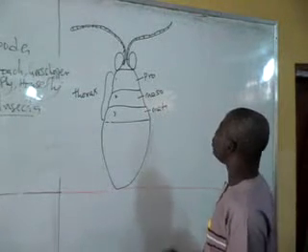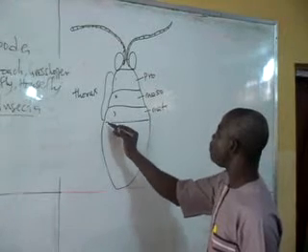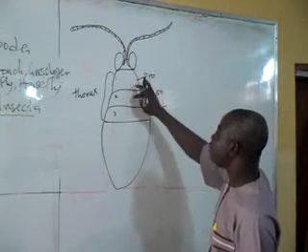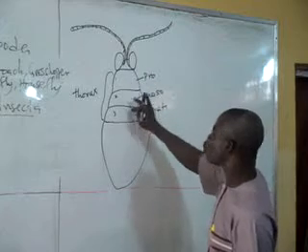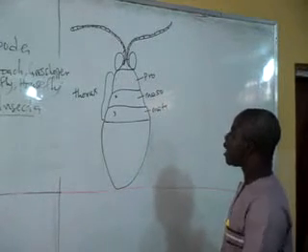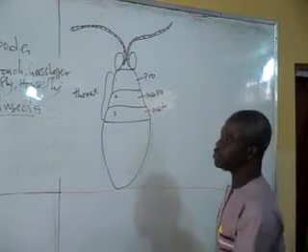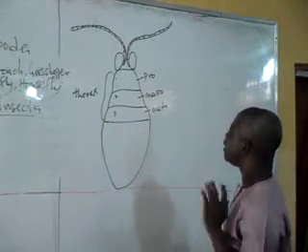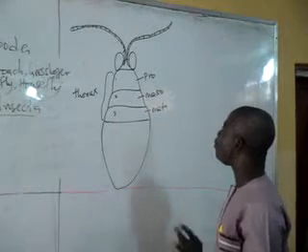And we have walking legs arising from each thoracic segment. But the first thing that we are saying is that this class has 3 body divisions. What are these 3 body divisions?